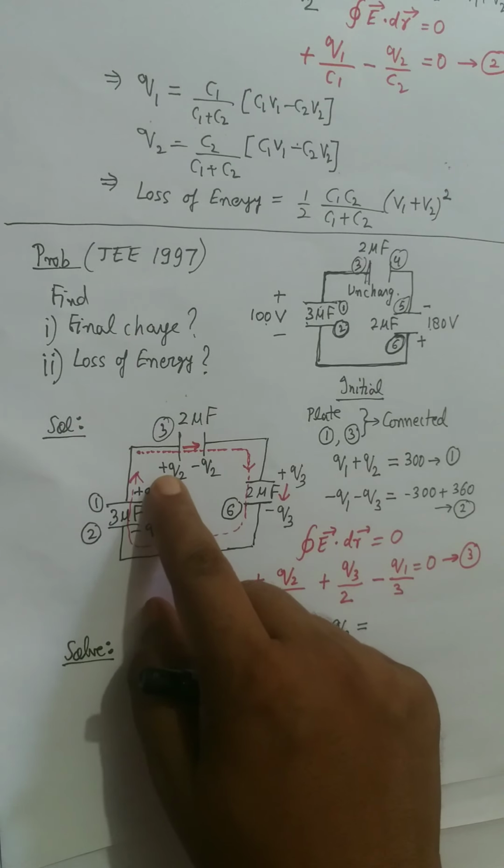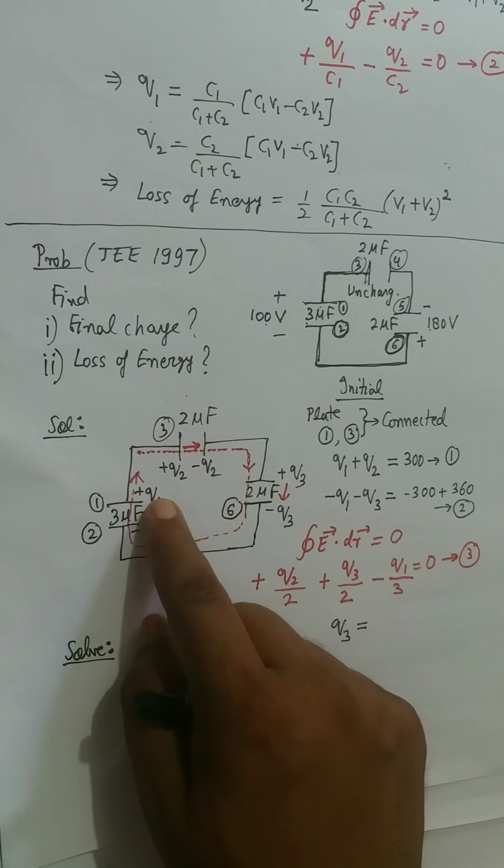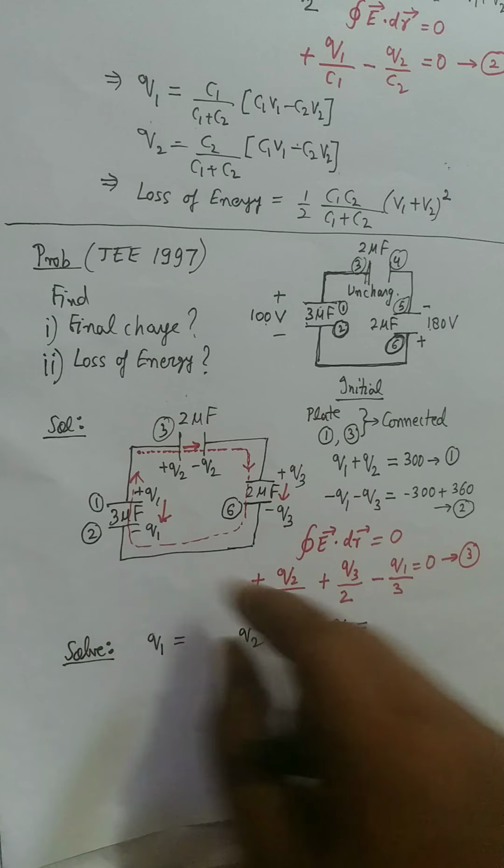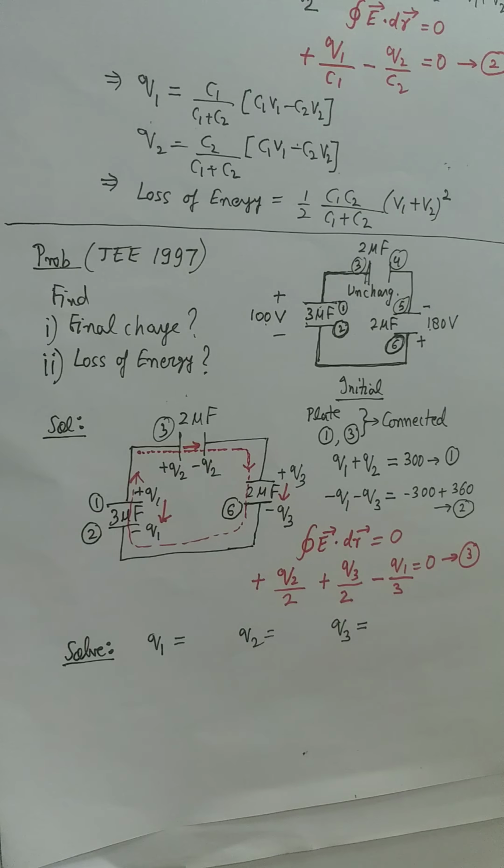We assumed positive on this side, negative on this side. We assumed plus on the top side, minus on the bottom side. So it is possible that after going through the three mathematical equations, you can have a negative value either for Q1 or for Q2 or for Q3, or you may have a positive value for all the three variables. That's a possibility.